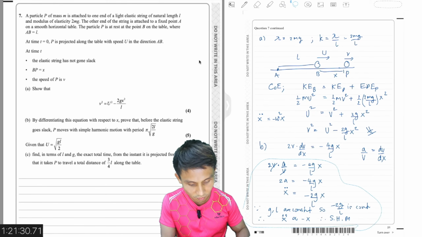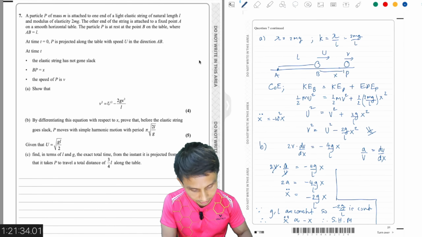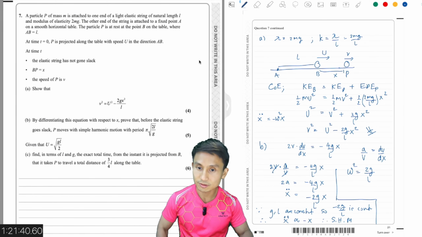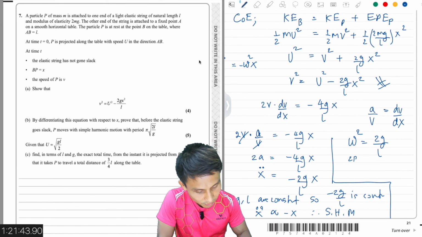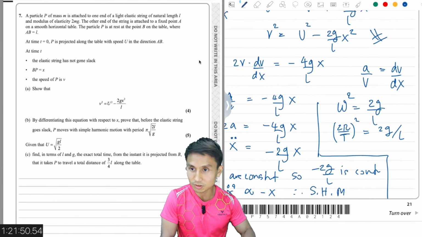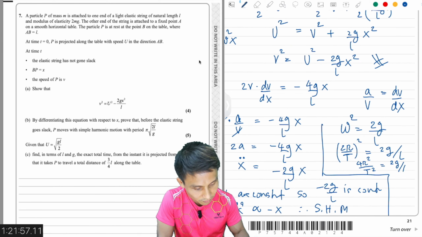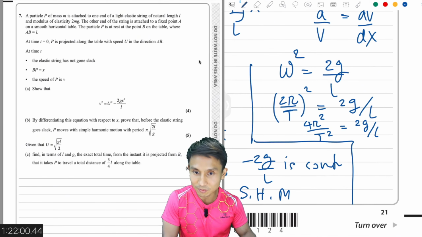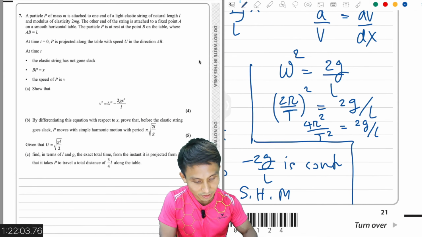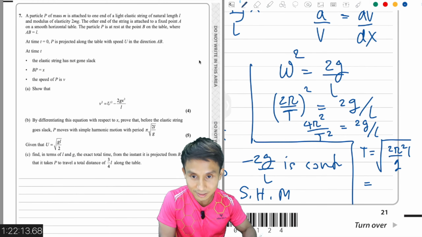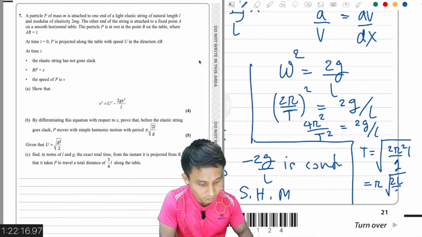We already know that omega squared will be 2g over L. But omega is 2 pi over the period, so 4 pi squared over T squared equals 2g over L. So T equals the square root of 2 pi squared L over g, that is pi square root 2L over g, as required.